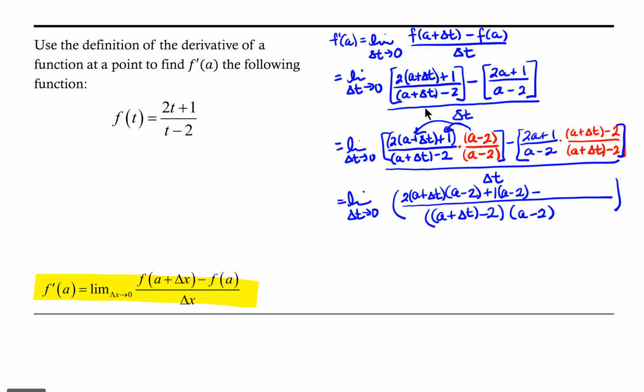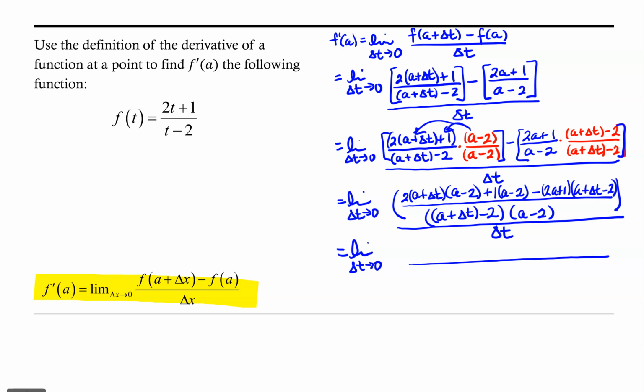Then minus 2a plus 1 times a plus delta t minus 2. Okay, continuing onward. Oh, and I forgot that whole numerator is over delta t. So as we continue with the limit as delta t approaches 0, our denominator will continue to be delta t.